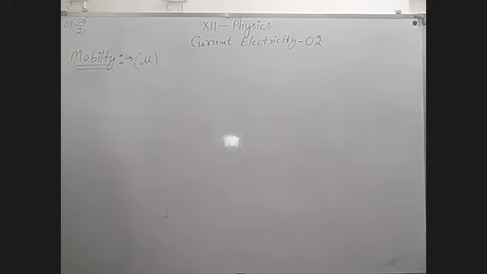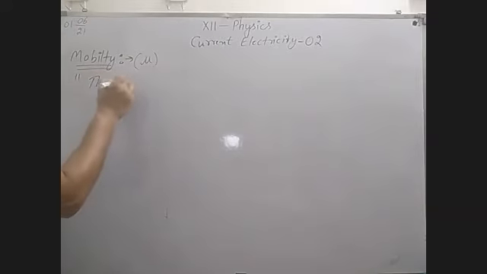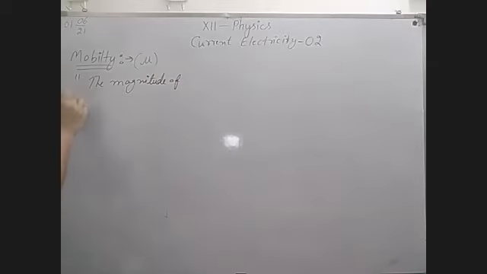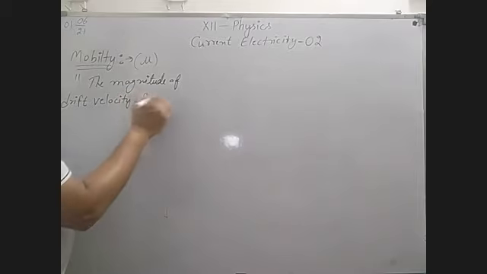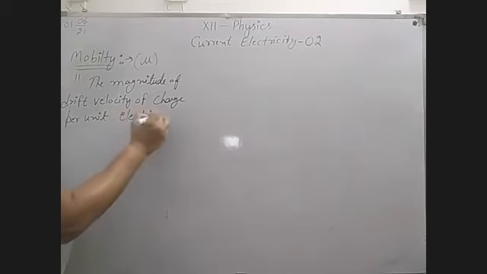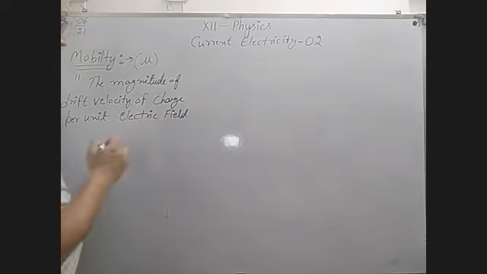The magnitude of drift velocity of charge per unit electric field. You know, it is the ratio of drift velocity to the electric field.